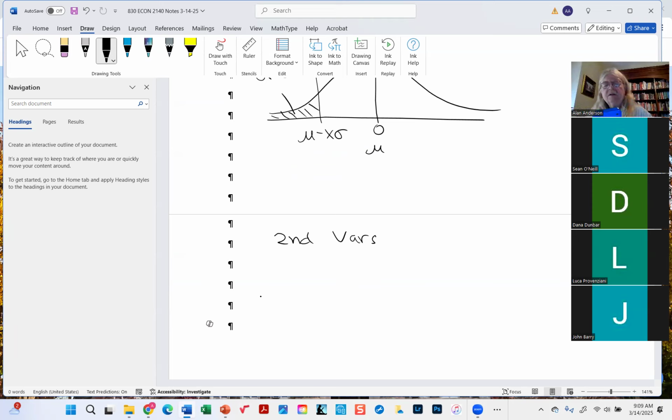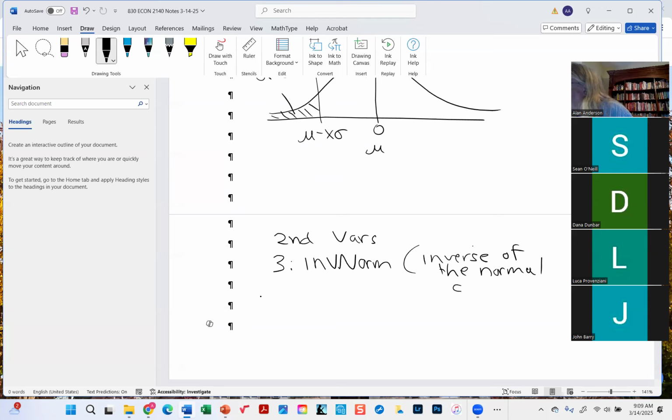But this time we're going to choose number 3, invNorm, which means inverse of the normal distribution. Now once we've done that, it's going to ask you for an area. Now the area means in this case the left tail.